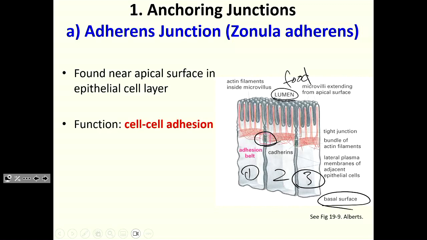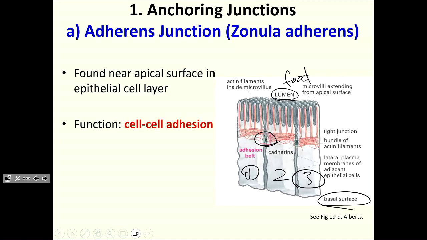Their function, adherence junction, so remember, a junction is just a point of contact between adjacent cells or the cell and the ECM. So adherence junctions in particular, one of our anchoring junctions, their function is to hold cells to their neighboring, to their adjacent partner. And here we're making the distinction between cell-to-cell adhesion and cell-to-ECM adhesion.